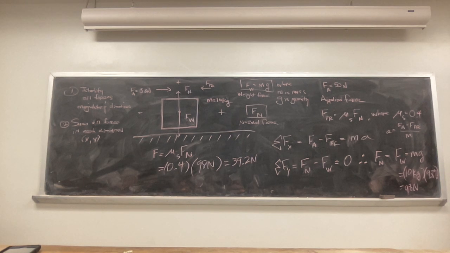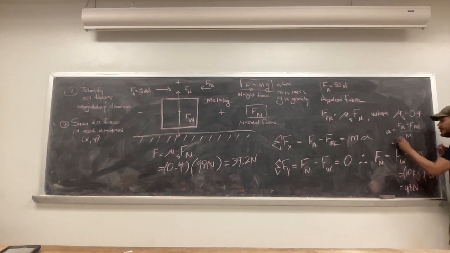Did y'all follow me on that? I'm getting a couple of confused looks. All right, so this is F applied. This is the friction we just calculated, 39.2. So A equals 50 newtons minus 39.2 newtons, all of that over 10 kilograms.